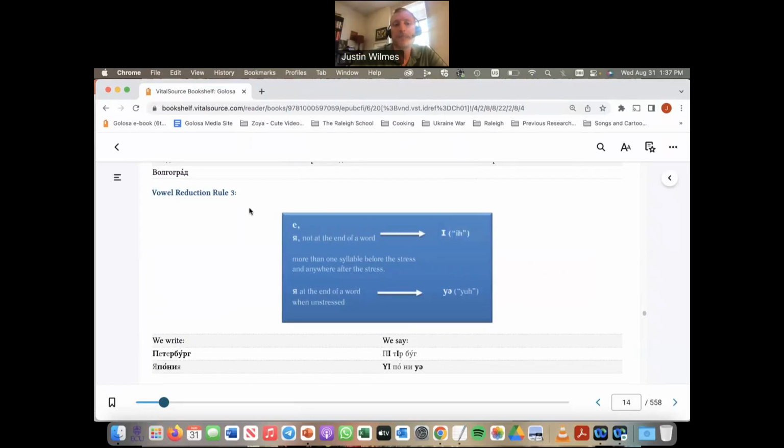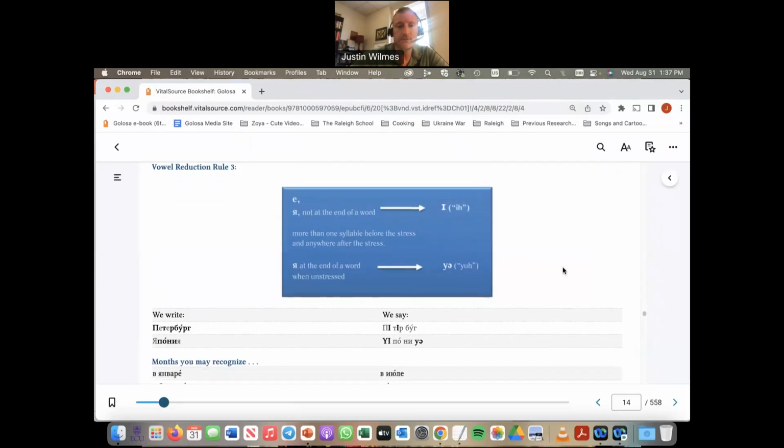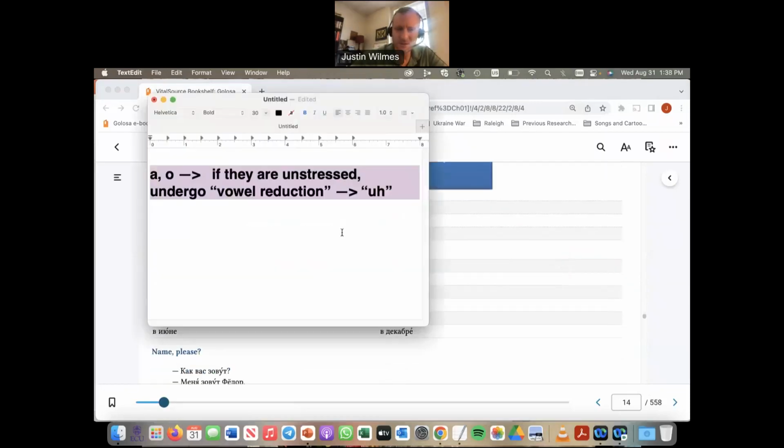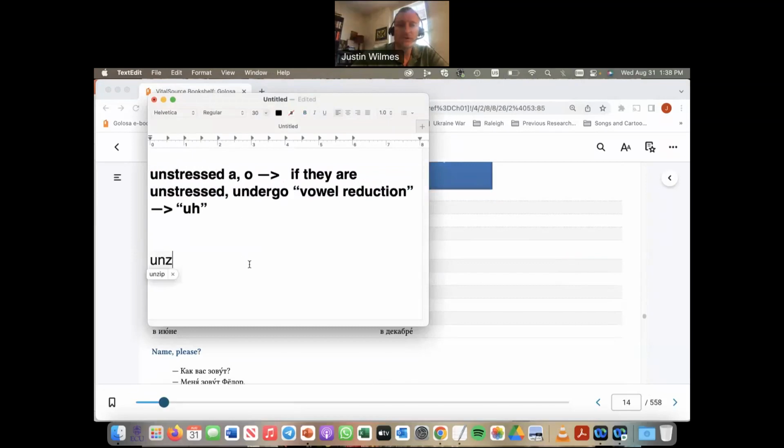So, ye and ya, as long as they're not at the end of the word, if they're unstressed, they become more of an E sound. So, before we were talking about unstressed A and O, right? Now we want to talk about unstressed Russian ye and ya.